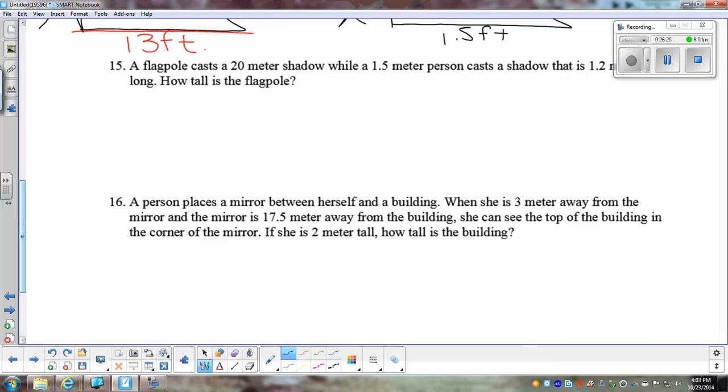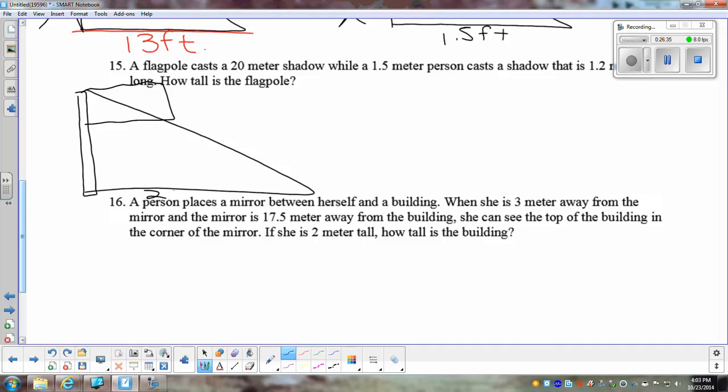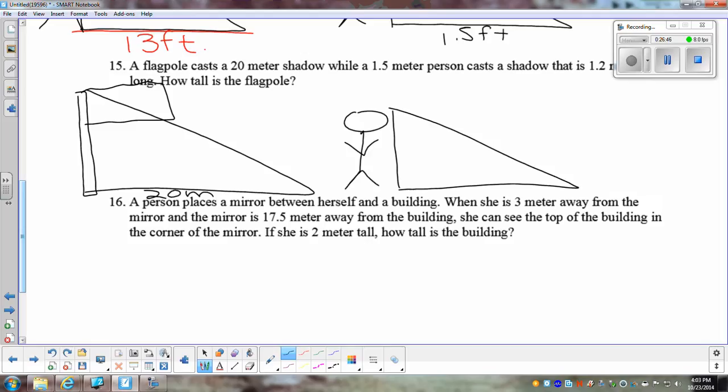Next one, a flagpole. The flagpole casts a 20-meter shadow, while a 1.5-meter person casts a shadow that's 1.2 meters long.